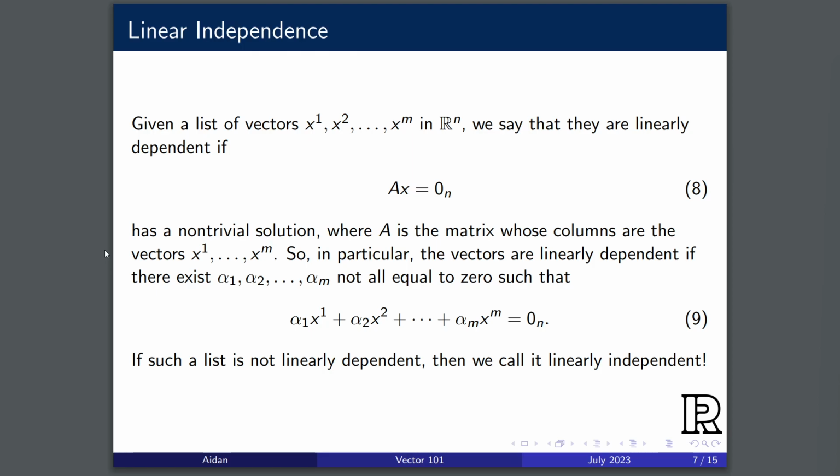Now, this is a pretty wacky definition of linear dependence. The far more common definition is here, equation 9. But I think the null space definition is actually useful because we've already talked about how to solve the null space problem.